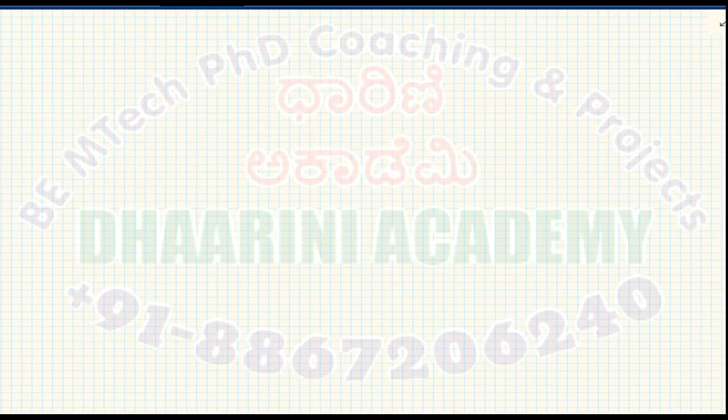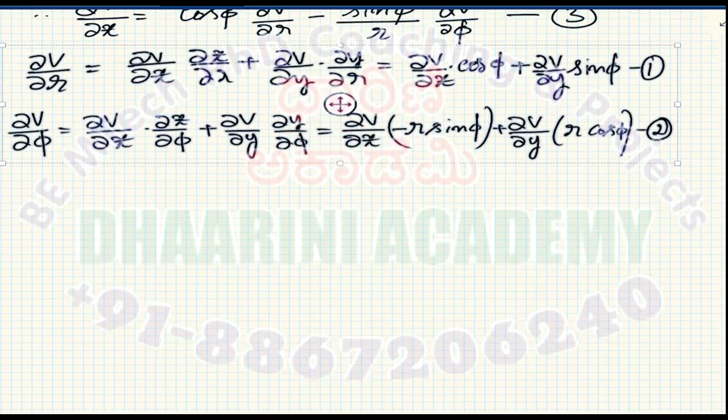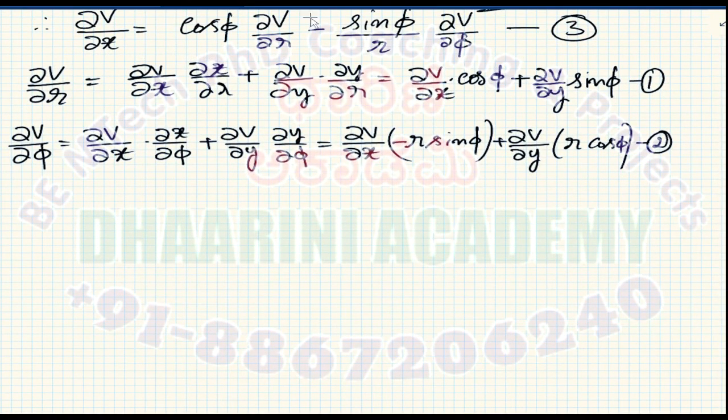What I need to do is cancel out the ∂v/∂x term in equation 1 and 2. In order to cancel those terms, I need to make the first term the same. So I'm going to multiply by minus r sine phi to the first equation.